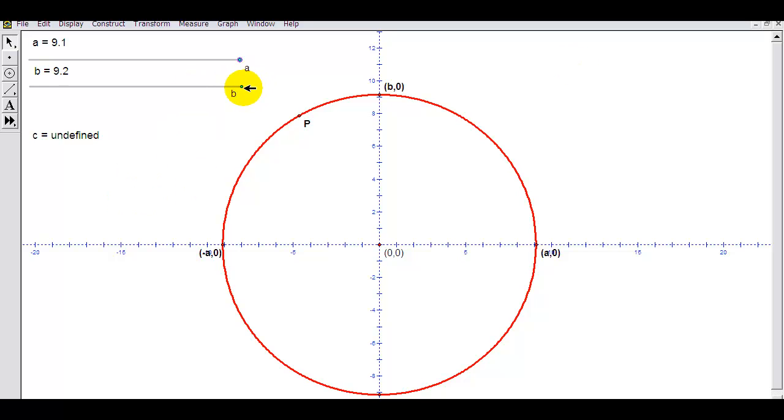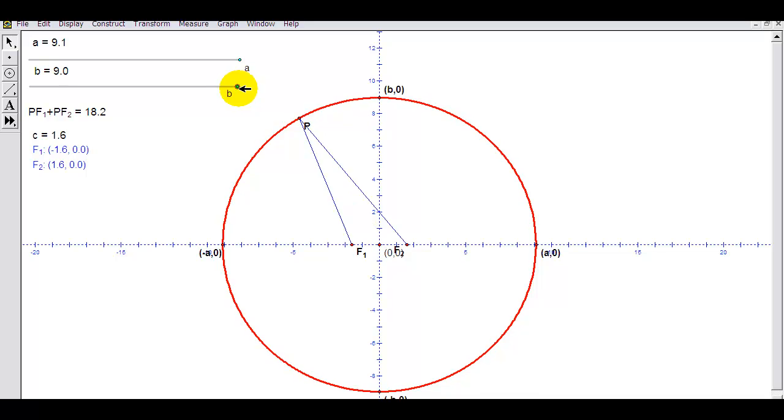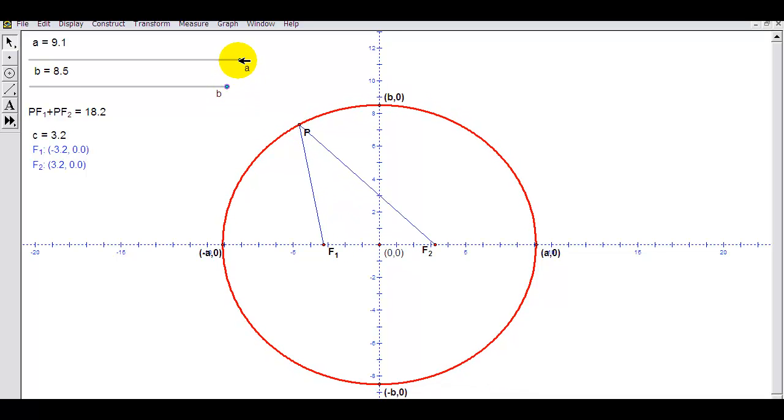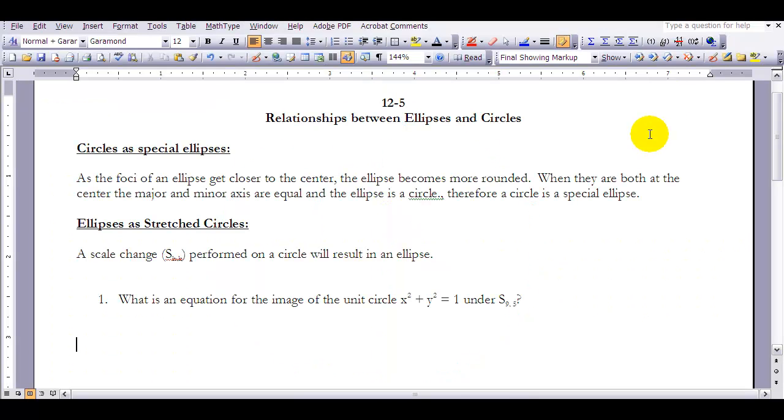And you'll notice that mine are a little bit off, and it's just more of a rounding thing than anything else here. But when your a value and b value are both equal, your ellipse becomes a circle. Okay? So here's what we have.